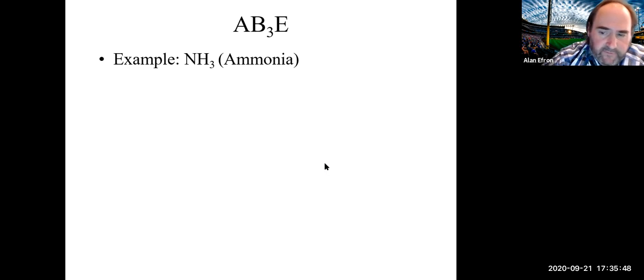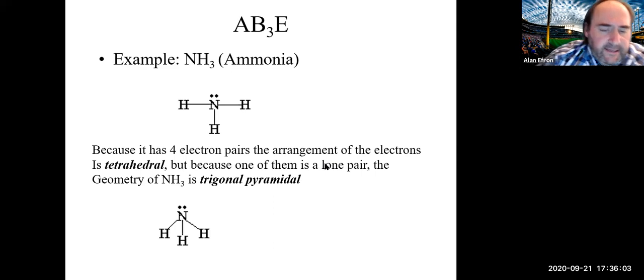So where we left off was right here, which I think is ammonia, NH3. If we draw NH3, it looks something like this. Again, the important one in terms of geometry is that central atom.